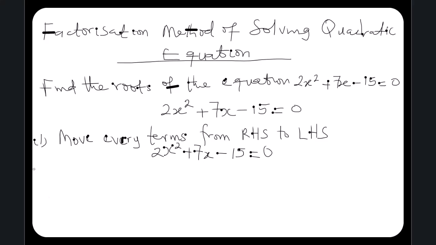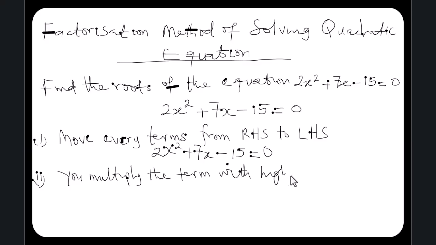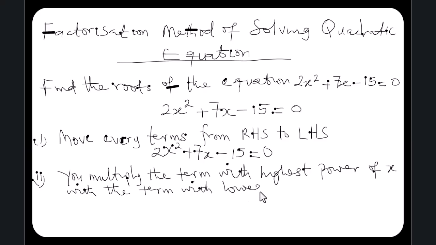So the next procedure is you multiply the term with the highest power of x with the term with the lowest power of x.